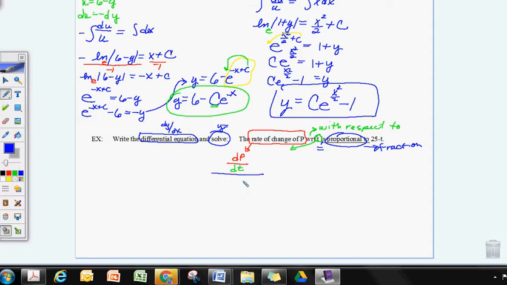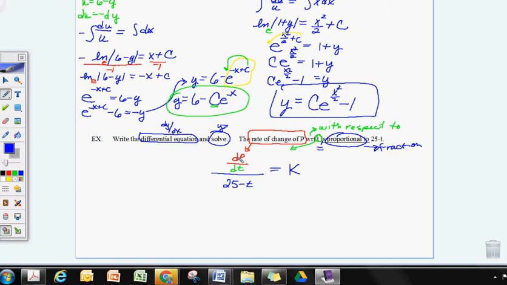That means it's going to be a fraction to 25 minus t. And what we're going to do is we're going to set these equal to the letter k. K is going to be a constant. We're going to find the constant in a little bit, but we've got to just learn to solve the equations. So proportional means fraction. Okay, so now I have got to solve this equation.